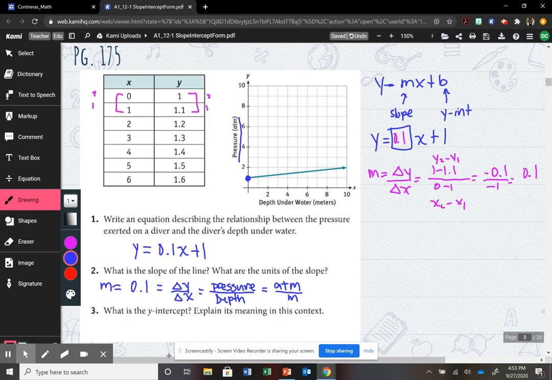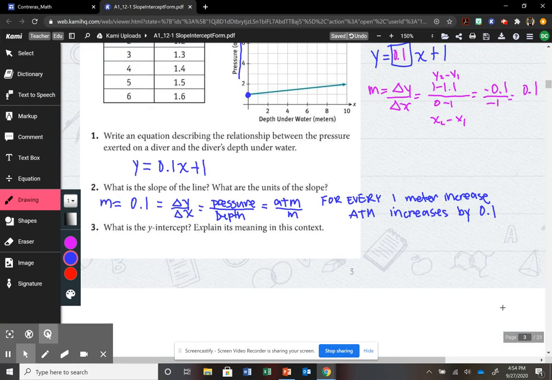So that means for every 1 meter increase, that means our ATM, our pressure, increases by 0.1, okay?